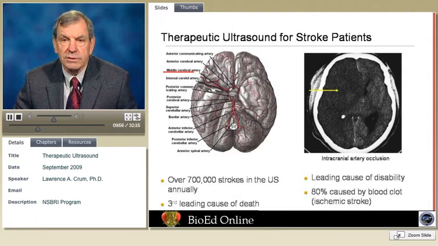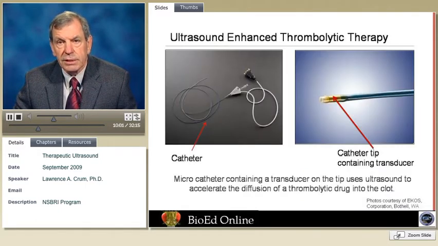So how does one treat this particular problem with ultrasound? Well, in a company that I was involved in starting in the Seattle area, one can develop a small catheter that has on the tip of that catheter a little transducer. And in the middle of that catheter is a lumen, or a tube. And with this catheter, you can very aggressively treat the stroke by passing it through the vascular system.